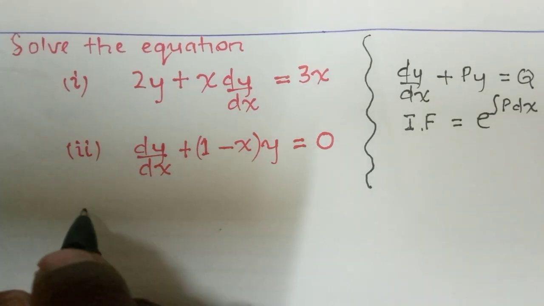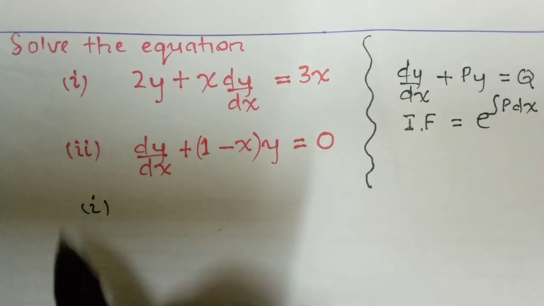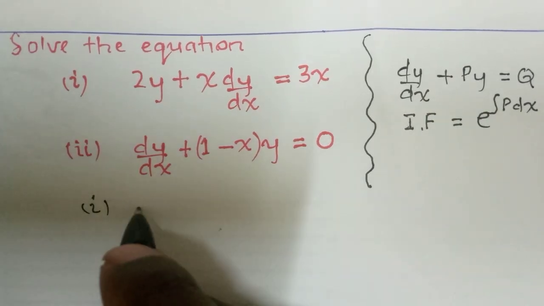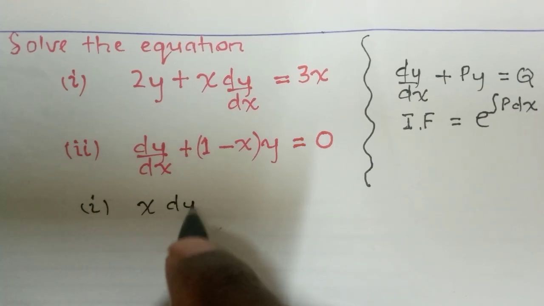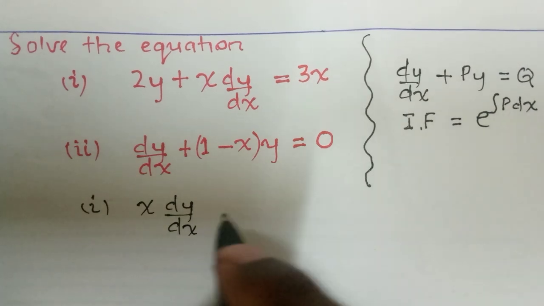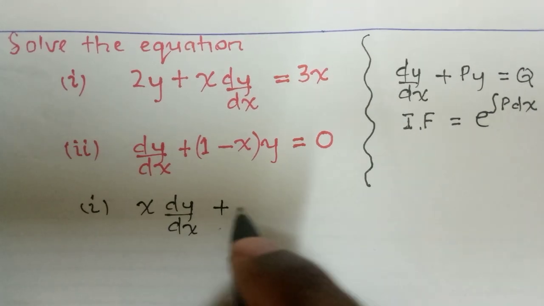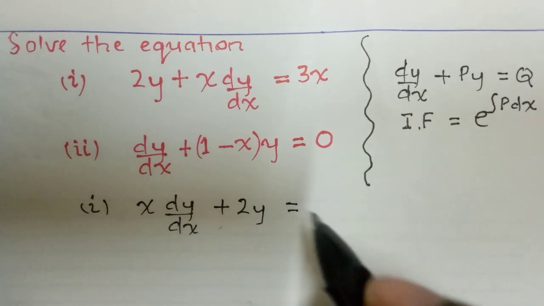We come to the Roman one. We are going to arrange it in this format: x dy over dx plus 2y equals 3x.